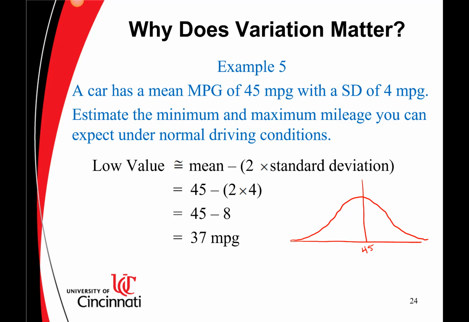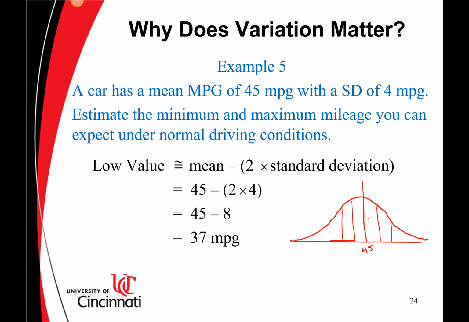If you're assuming I probably drive like 95% of the drivers, 95% is how many standard deviations? 2. Remember it goes 68, 95, 99.7. 68 is 1, 95 is 2, 99.7 is 3. We're going to go out 2 standard deviations in each direction.